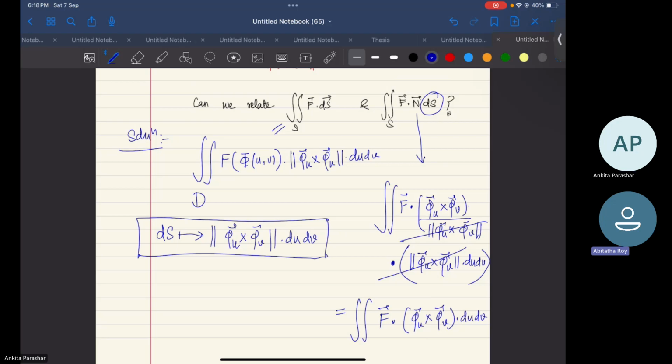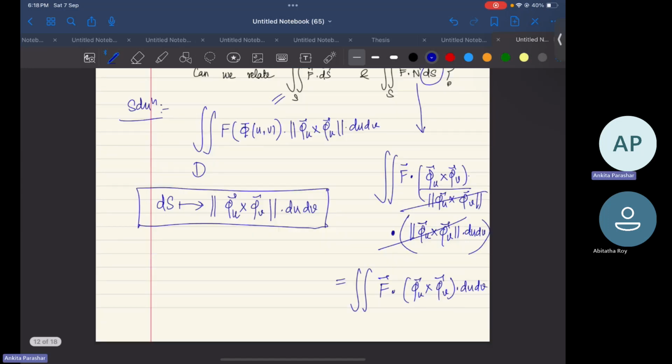But if n is a unit normal vector, then in both the cases the magnitude will be the same. Just the direction of the final vector will be different. Right.